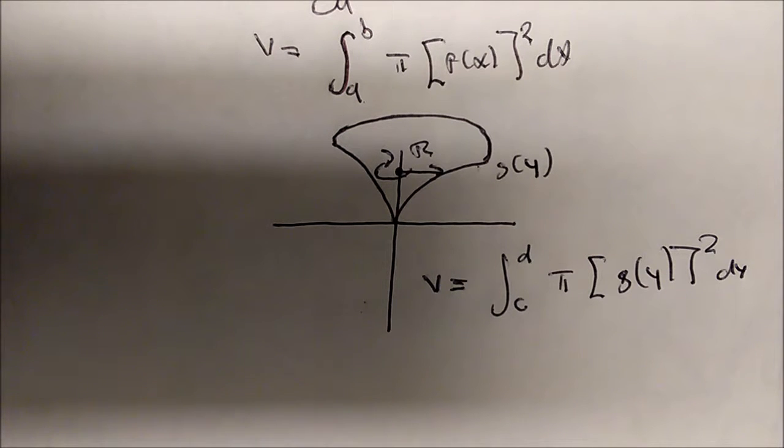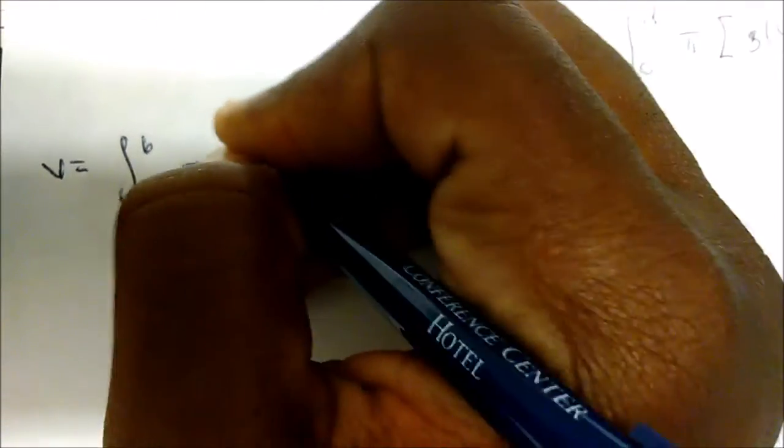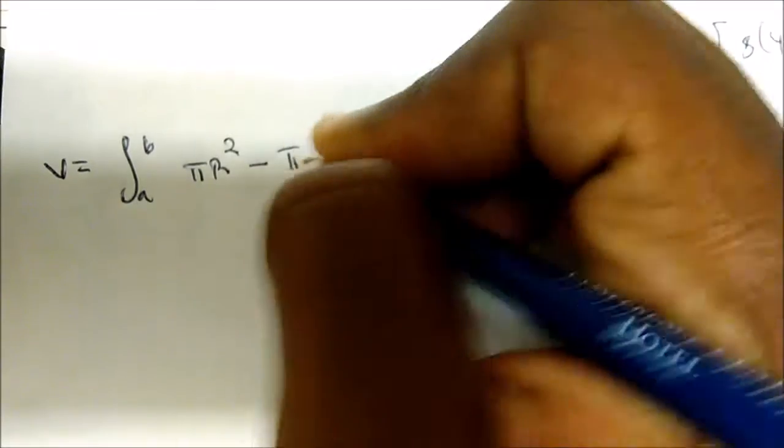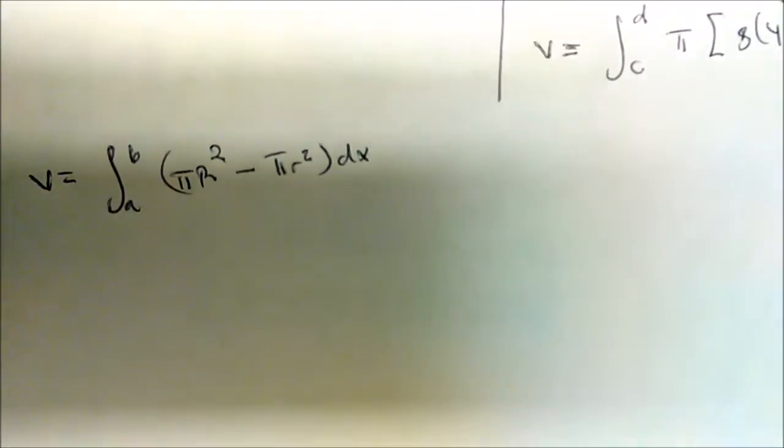Now, I'm going to quickly introduce the washer method. Typically, the washer method and the disk method are literally the same thing. The formula that I want you to remember is this. With respect to x, the volume is equal to the integral from a to b of pi big R squared minus pi small r squared dx.